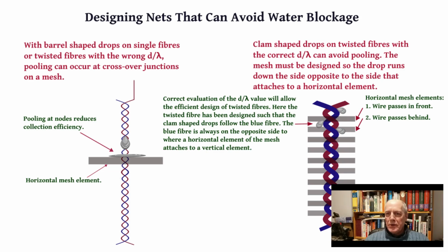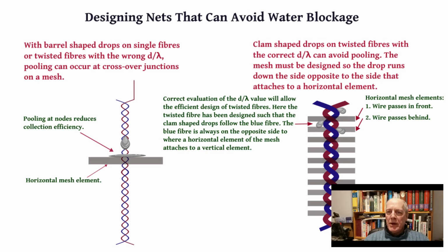So with this design, there is no obstruction to the water as it flows down the fibre. There's no pooling at cross junctions, and this makes the collection of moisture or water from the moisture much more efficient.